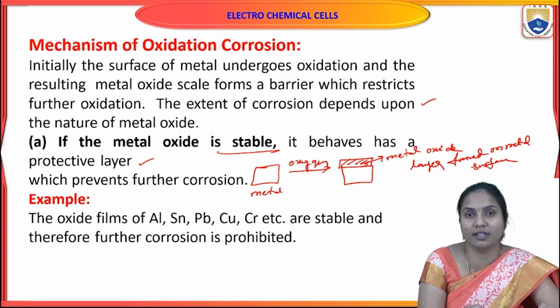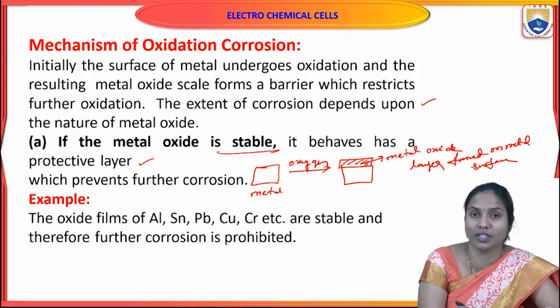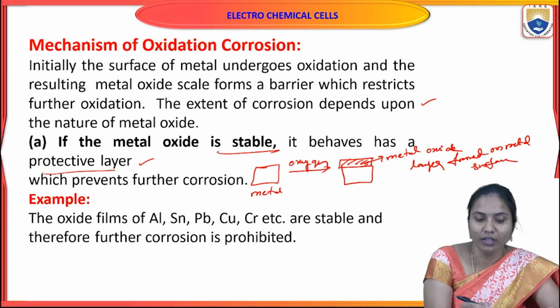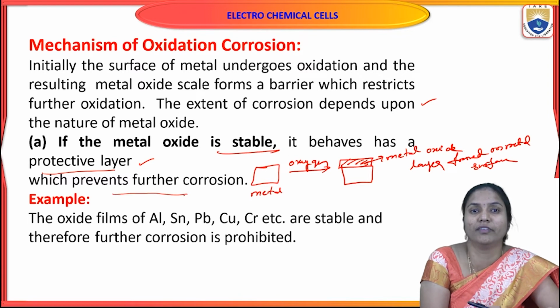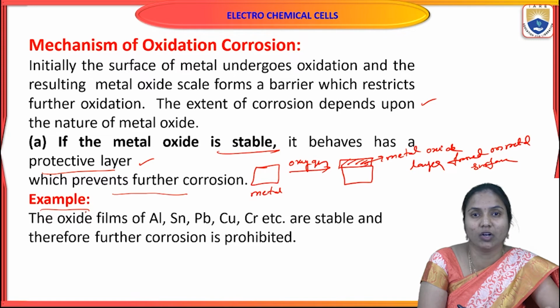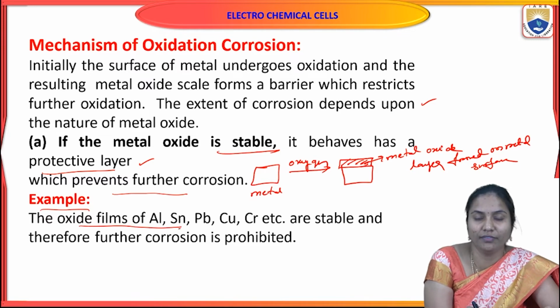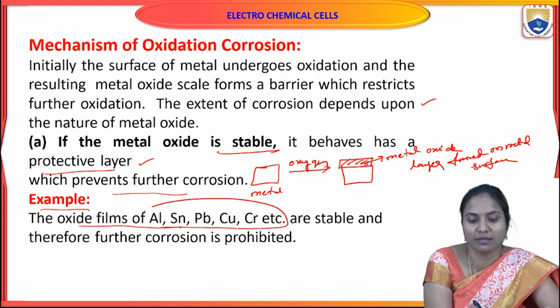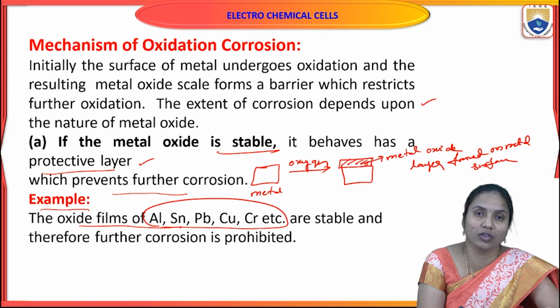If the metal oxide layer is stable, that layer behaves as a protective layer. It prevents further corrosion. Which metals form a stable metal oxide layer? The oxide films of aluminium, tin, lead, copper, and chromium. These metals mainly form a stable metal oxide layer.